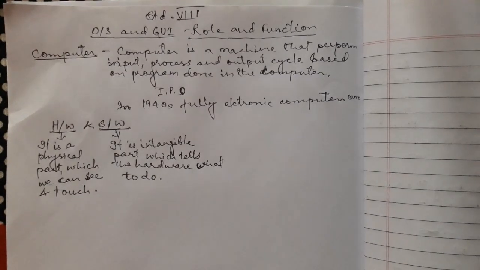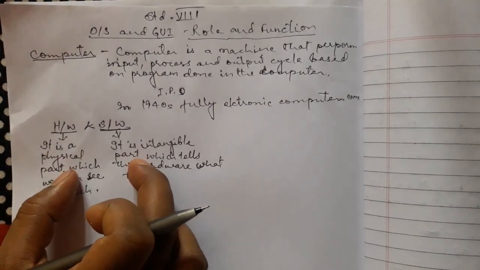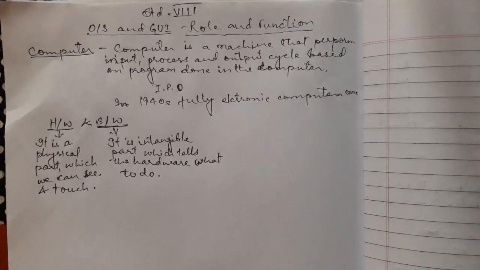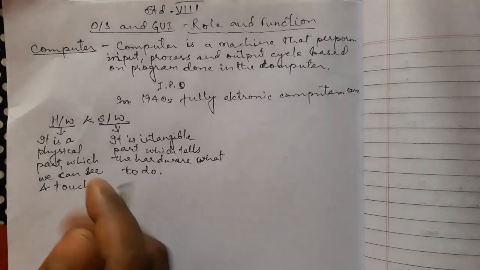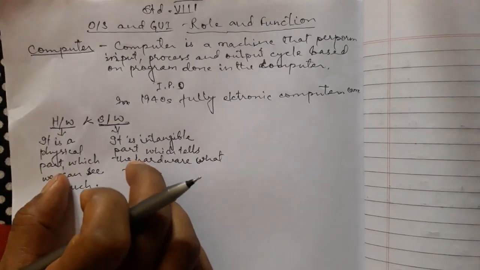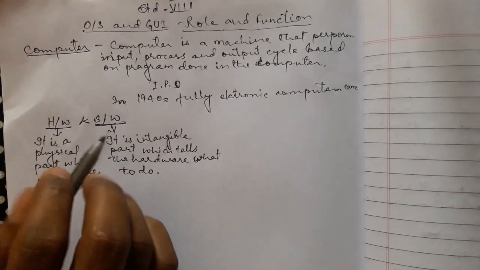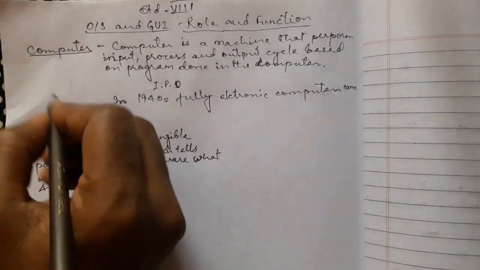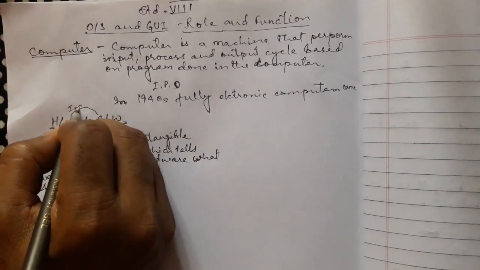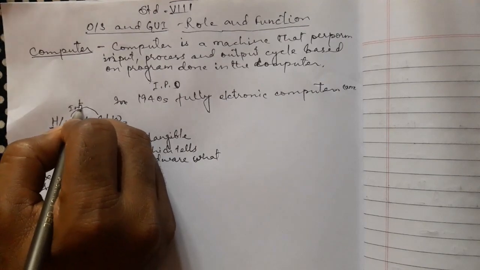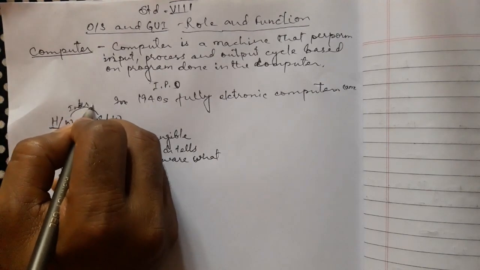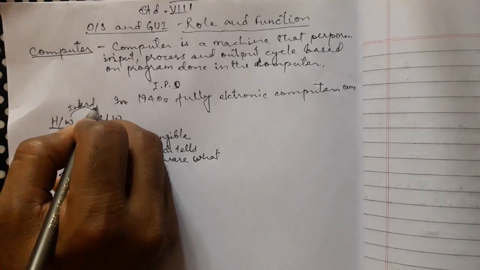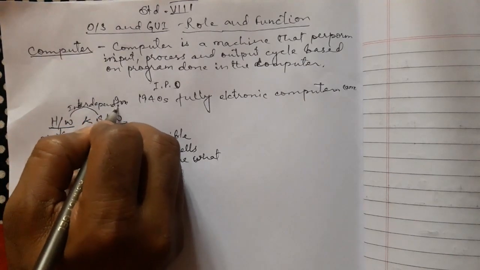So it is about hardware and software. These together work due to their collective work, means hardware and software work interdependently and then they provide interface. They are interdependent.